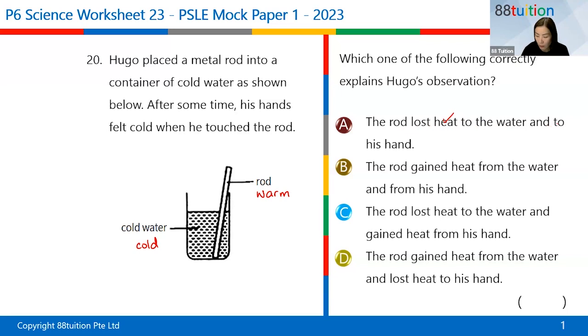Then this part here, to his hand. You're saying that the rod actually lost heat to his hand. So now you're comparing the hand. This is Hugo's hand, right? Hugo's hand, do you think it is warm or is it cold?